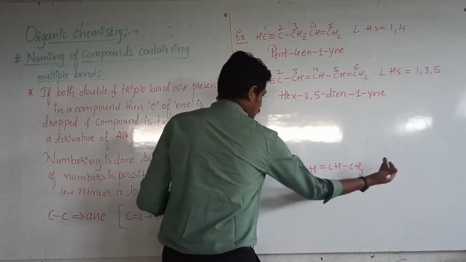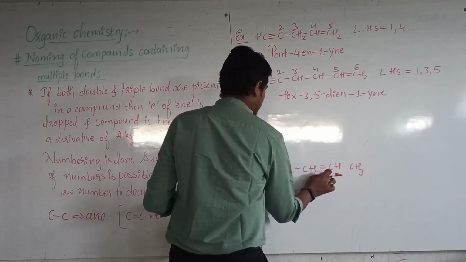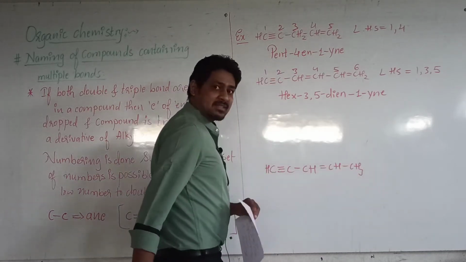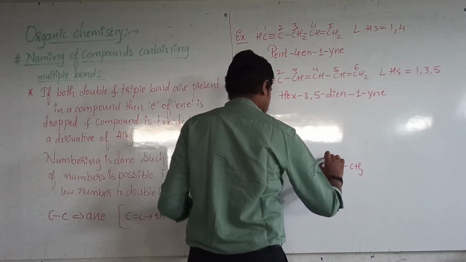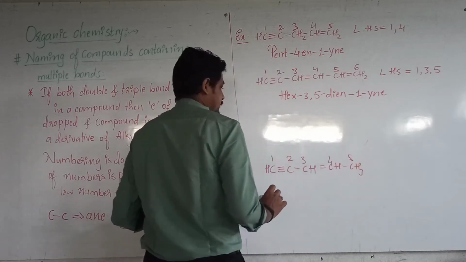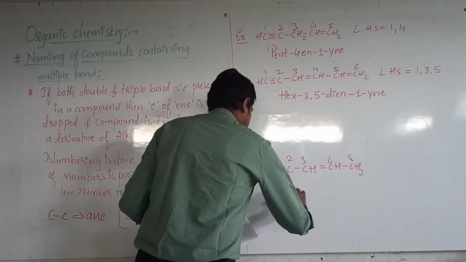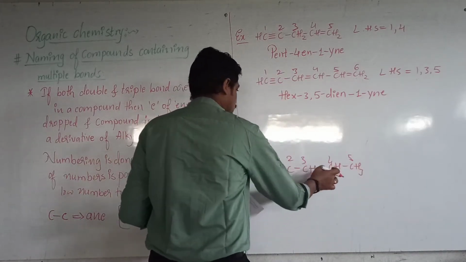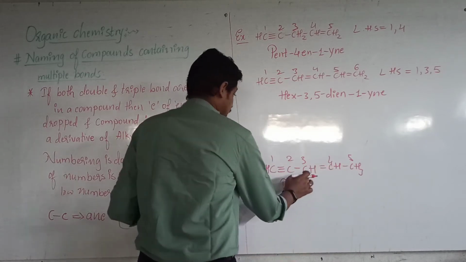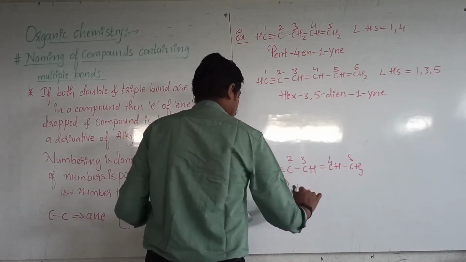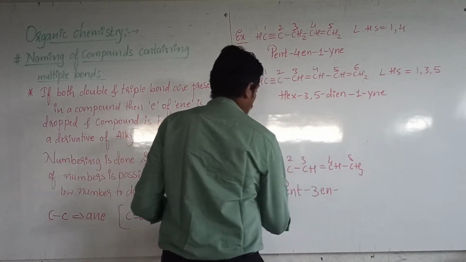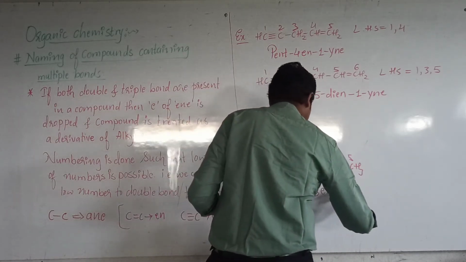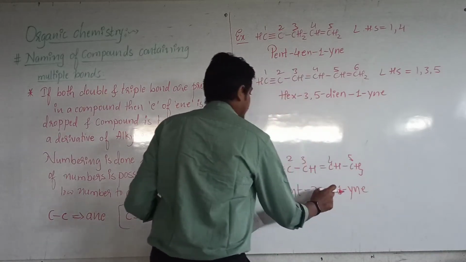If you come from this side, the double bond comes at the 2nd carbon atom, but if you move from the LHS side, you will get it at the 1st carbon atom. So I'll number it from here only. So what will be the name? 5 carbon atoms, so pent. The 3rd carbon atom is involved in the double bond, so it will be pent-3-en-1-yne. Don't forget to put the hyphens.